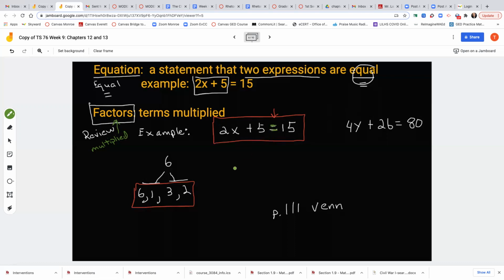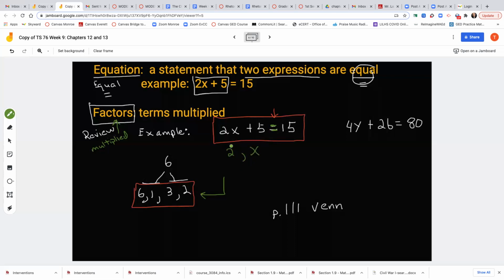All right, I want you to look at it for a couple of seconds. What are the things that are multiplied that I could list as factors? Just like I did down here, I listed the things that multiply into each other. Here's your answer. I got 2, and I'm going to put a comma here, and I got x.